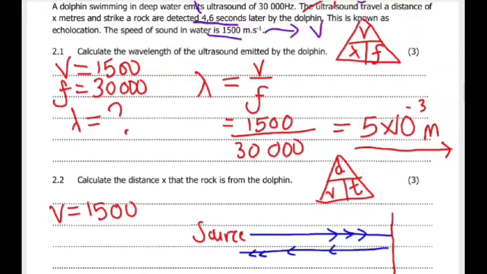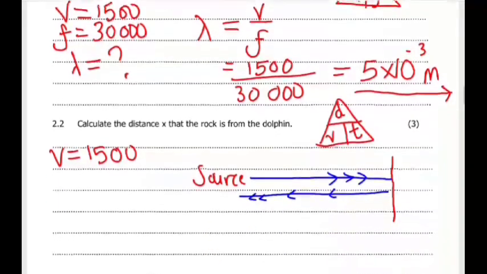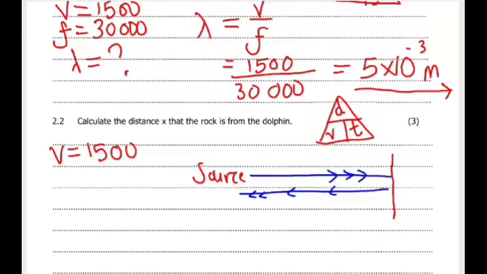So let's read the question. They say 4.6 seconds later. They're detected 4.6 seconds later. So it means from the time they leave, the waves go there, and then they come back. That's a total of 4.6 seconds.